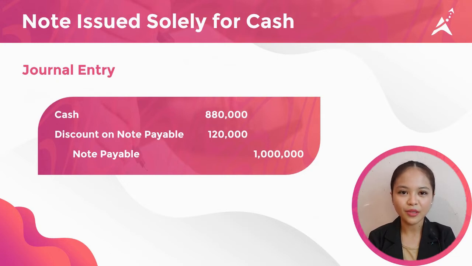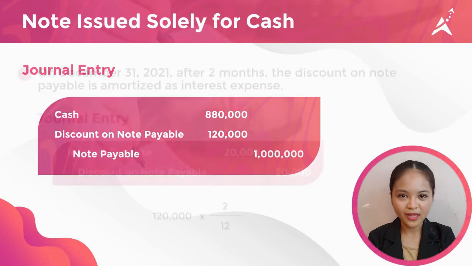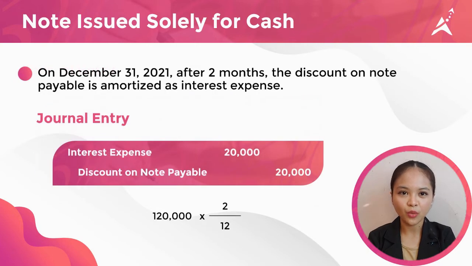Actually, the discount on note payable of 120,000 pesos is the total interest expense for 1 year. Thus, on December 31, 2021, after 2 months, the discount on note payable is amortized as interest expense. So, to record the journal entry for this, we will debit interest expense for 20,000 pesos and credit discount on note payable for 20,000 pesos as well.